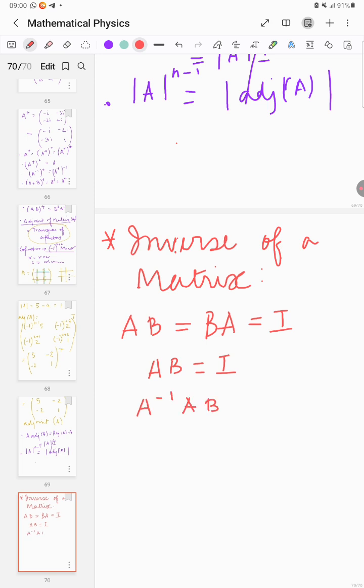So, A inverse AB is equal to A inverse I. Now, A inverse A gives us what? I, multiplied with B is equal to A inverse I. So from here what we can identify is that B is nothing but A inverse, right?